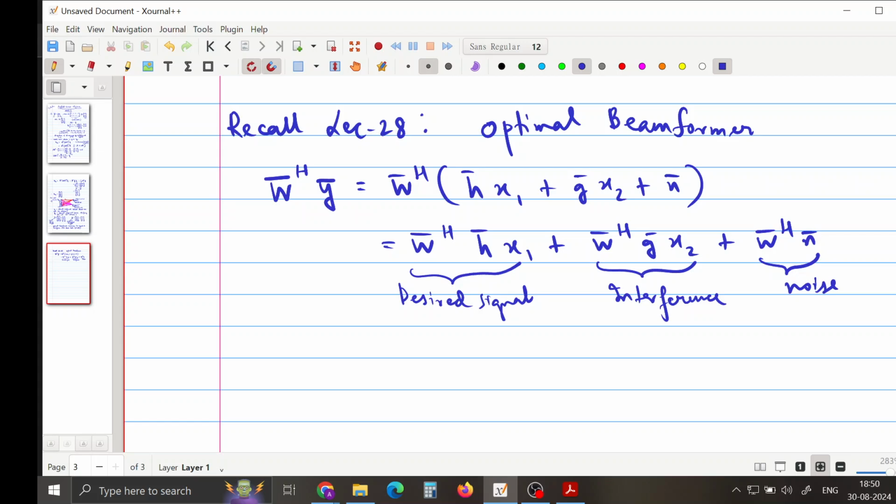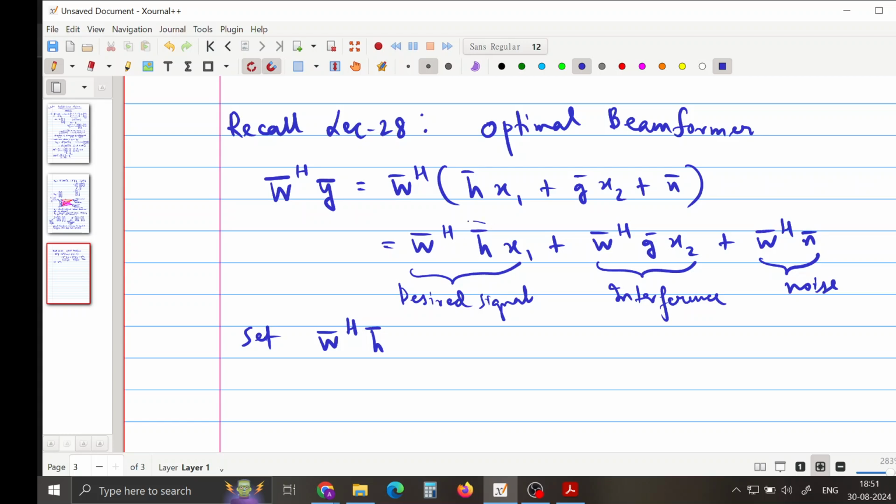And what we did was we set this portion. The coefficient of x1 is w bar Hermitian h bar, right?